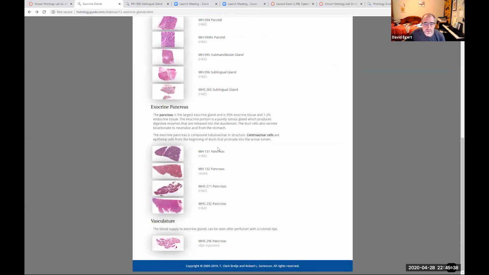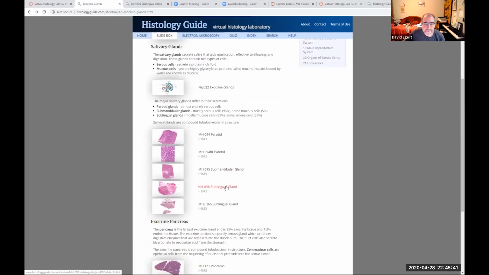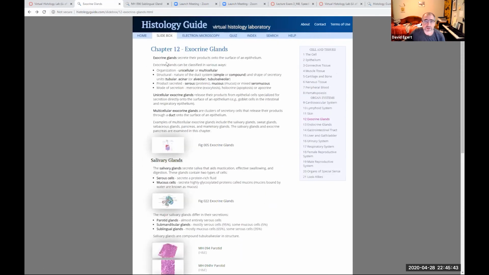So glands. Those are under exocrine glands. You should be able to recognize a salivary gland. I would feel okay putting a salivary gland on your final. Definitely, I would say even on your quiz, you're going to have to recognize at least what layer of the GI tract you're in.